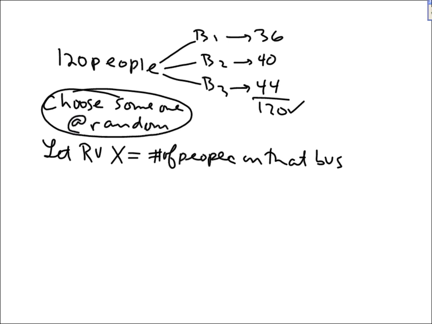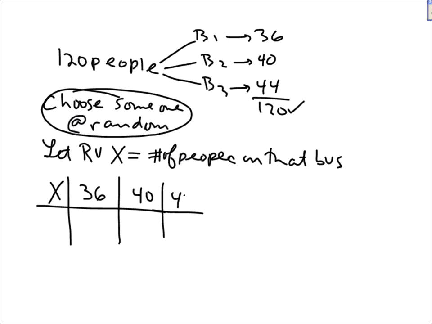So, now what's the expected value of x? Well, what numbers can x take on? x is the number of people on their bus. x can be 36 people, or 40 people, or 44 people. What is the probability that x is 36?